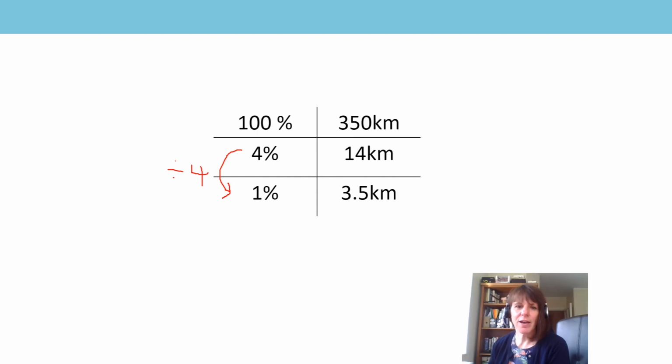If I divide that 4% by 4, I'm going to divide 14 kilometres, because 14 kilometres is 4% of the long distance walk. So dividing by 4, I halved 14 and then I halved it again. So half of 14 is 7 and half of 7 is 3.5.